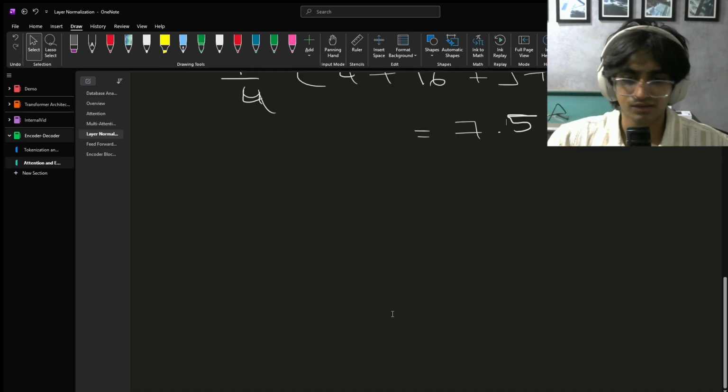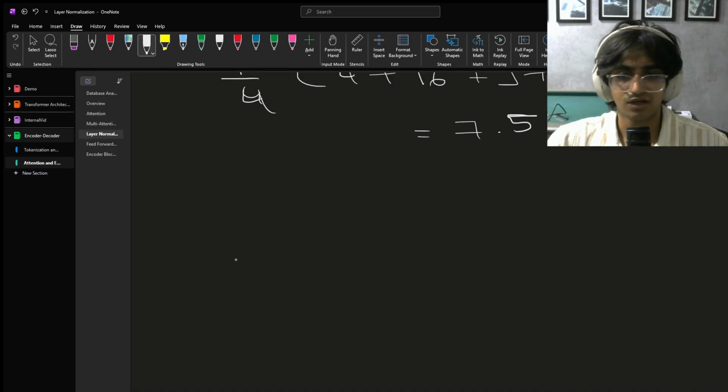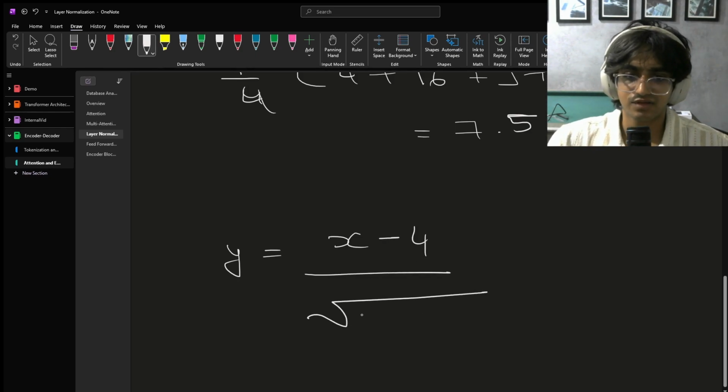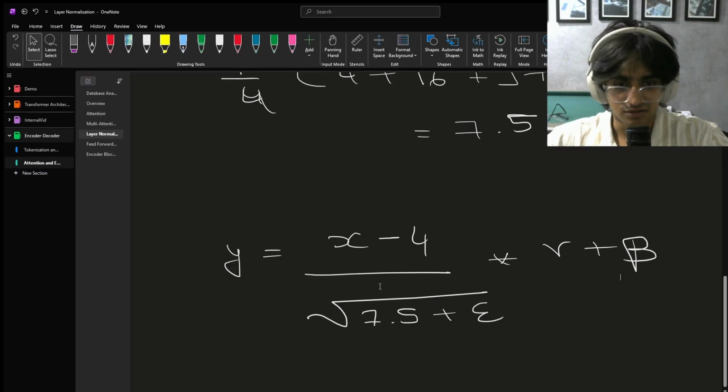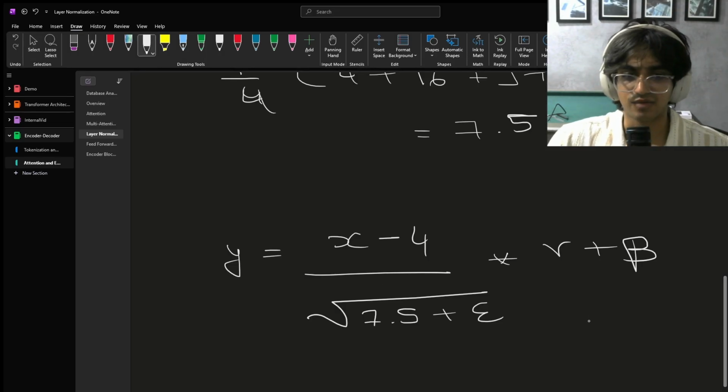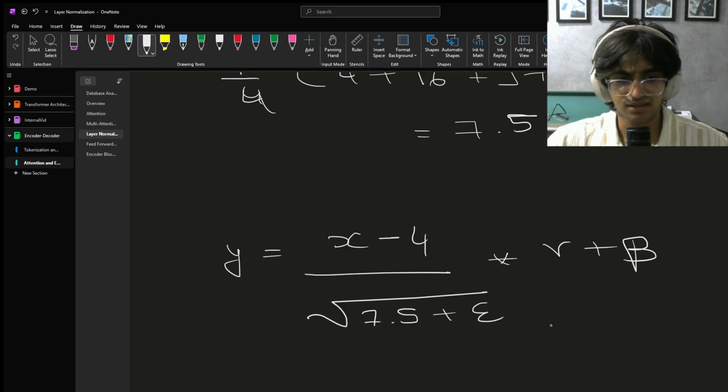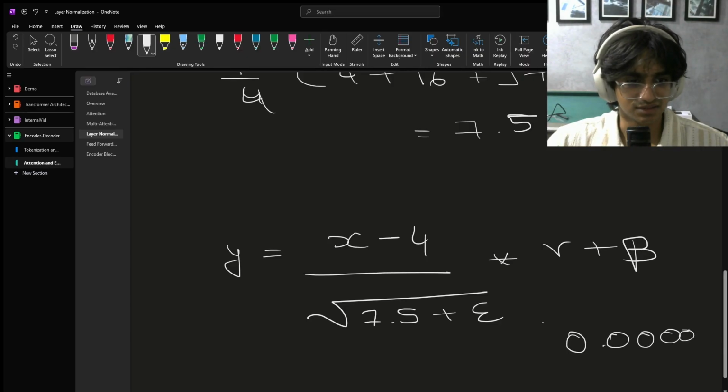So our formula essentially boils down to y is x minus 4 divided by the root of 7.5 plus epsilon, and gamma plus beta. So why do we need an epsilon? Epsilon is a very small number. I think it's 0.00001.